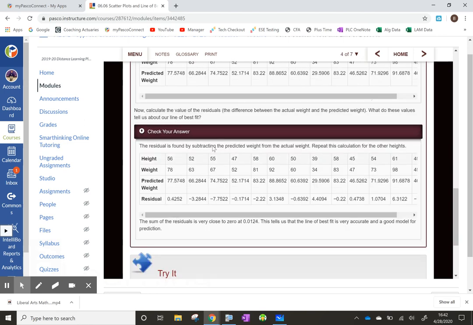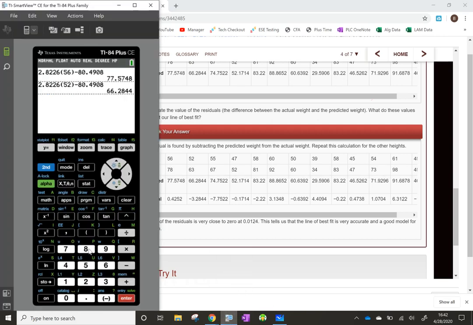So now, residual. Residual is the difference between the actual weight and the predicted weight. For example, the actual weight for 56 height was 78, but the predicted value was 77.57. So the difference there is you just take 78 minus the 77.57, right?